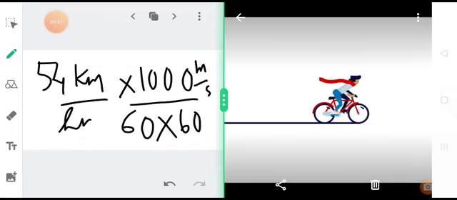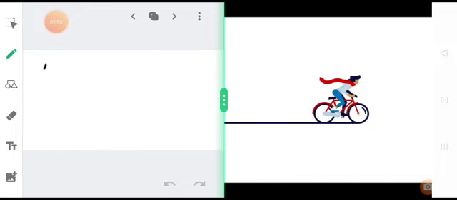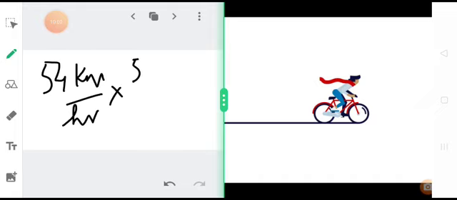So let's quickly do the cancellation. You can cancel out the zeros. 2 5s are 10, 2 3s are 6. So 54 kilometer per hour into 5 by 18 will give you the value in meter per second.